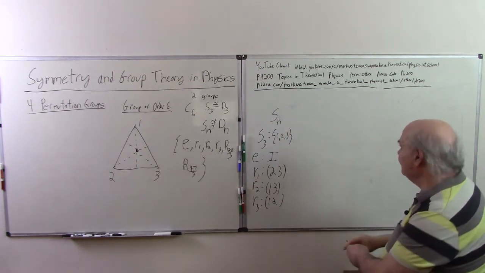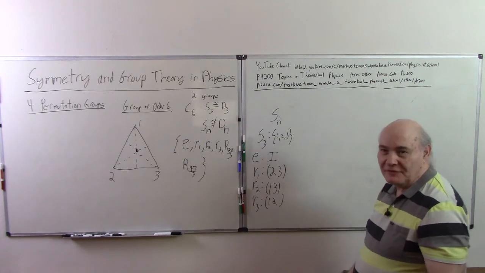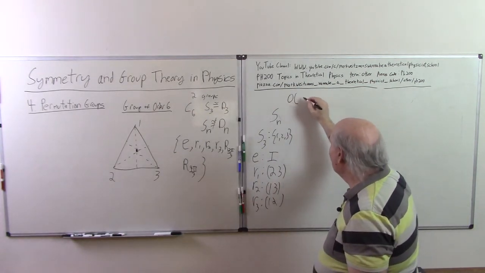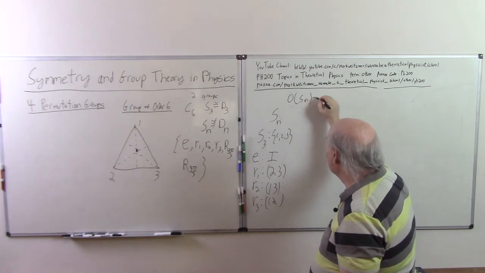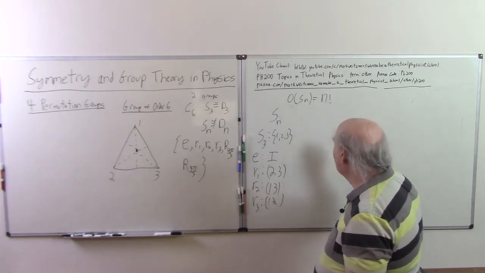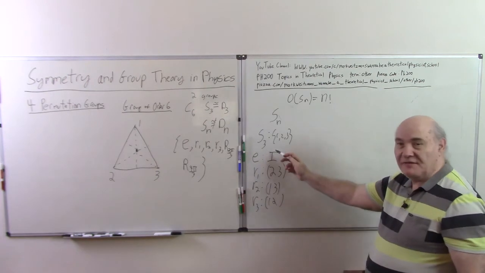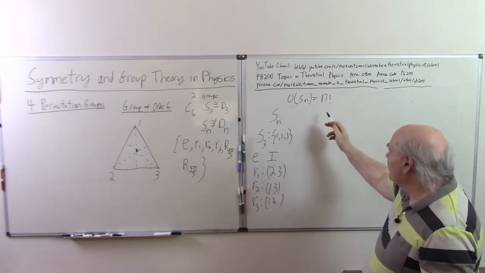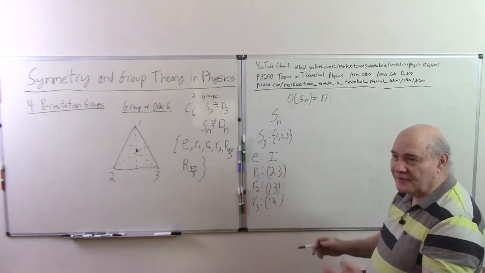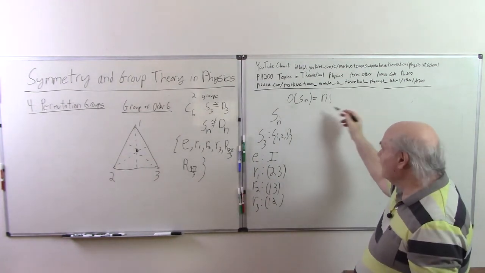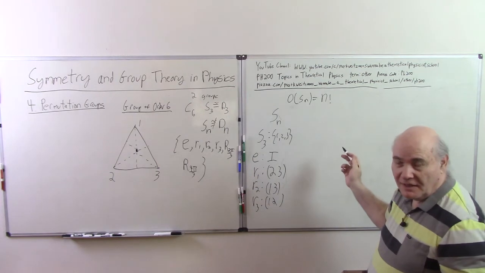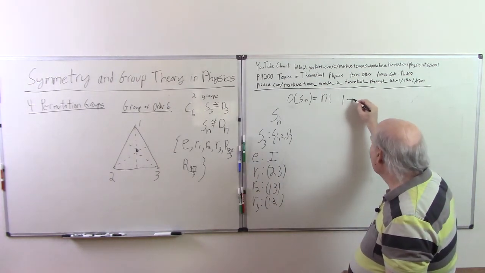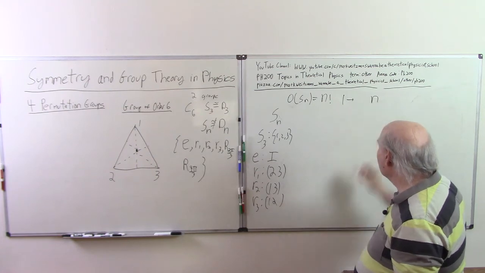I should say that the order of Sn is equal to n factorial. Right now we're doing S3, 3 factorial is 6, so we have 6 elements. This should be fairly obvious because you have n elements. The first element, 1, can map to n different integers, so we have n possibilities.